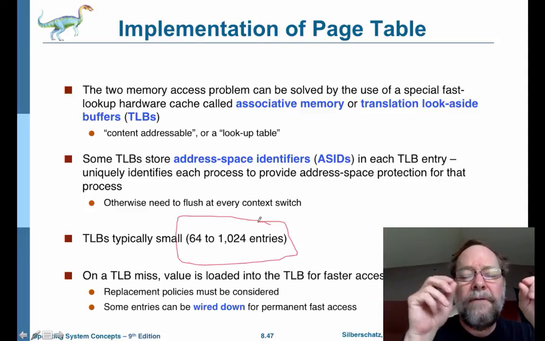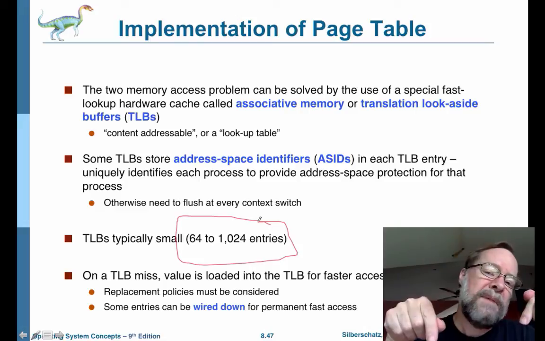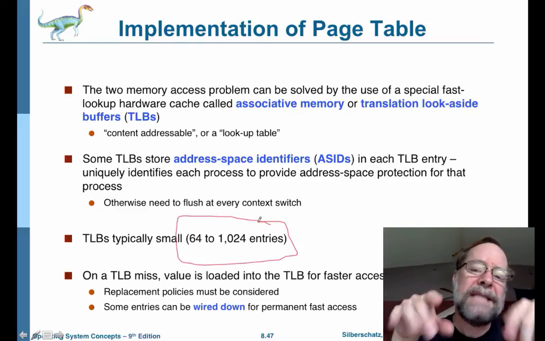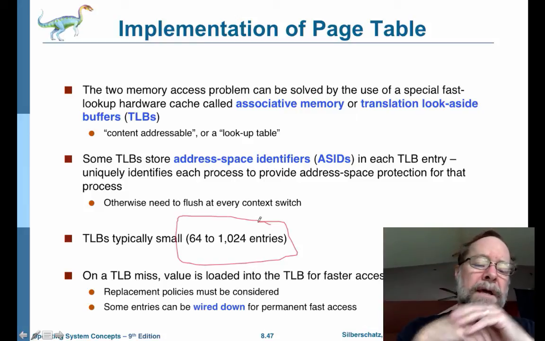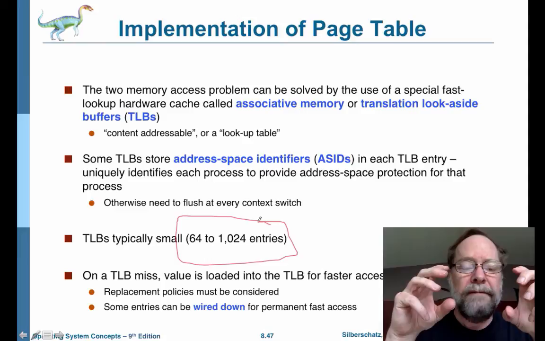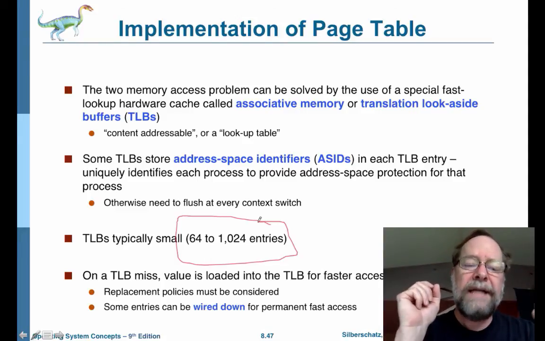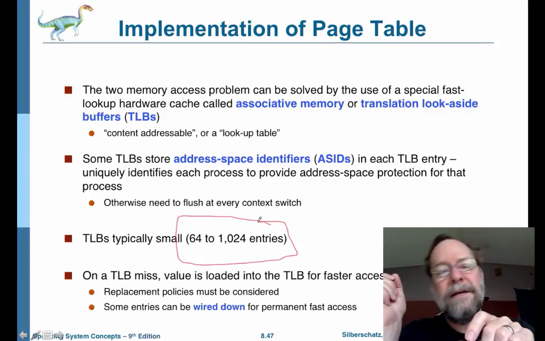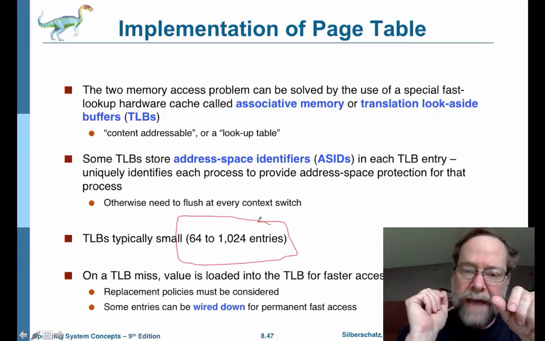Typically the amount of time it'll take to access the associative memory will be about 10% of the amount of time it would take to actually go to the RAM and get a value. So it'll be much, much quicker. So our strategy is fairly straightforward. When we have a page number, we're going to first ask the associative memory, do you have a frame number for that page number stored in there?